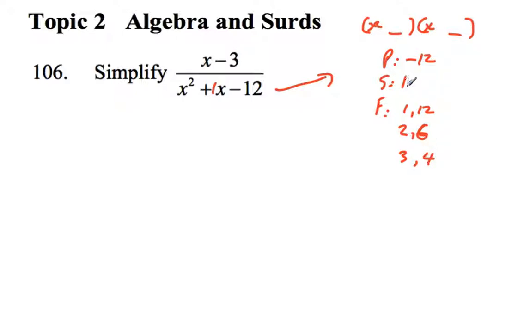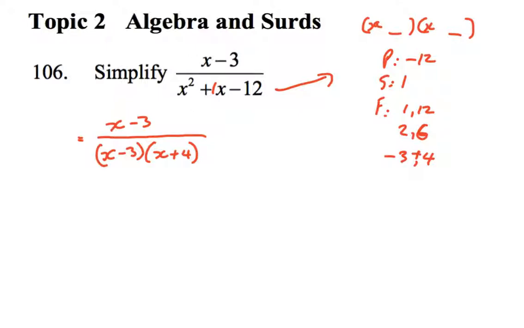So the bigger of those two numbers needs to be positive, so we'll need a minus 3 and a plus 4. So we'll end up with x minus 3 on top, which is just from the question. We didn't do anything fancy there. We can create an x minus 3 as one of our brackets using that minus 3, and an x plus 4 for the second bracket.